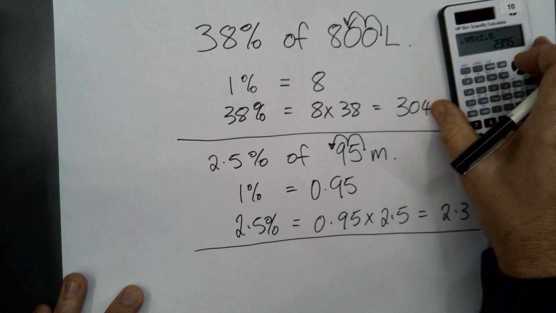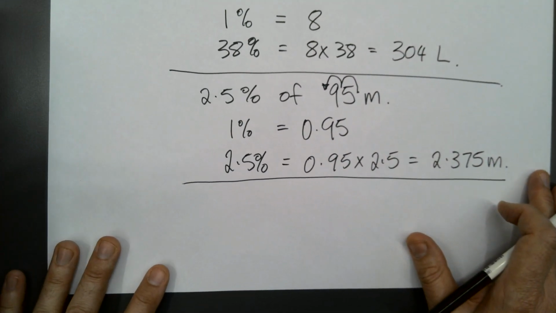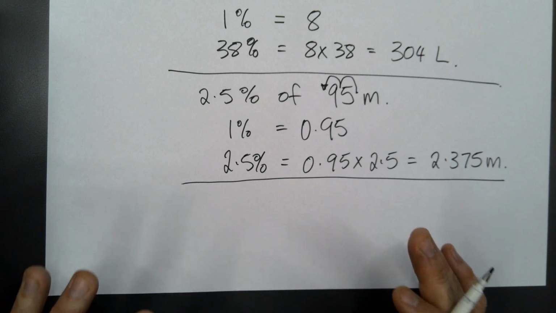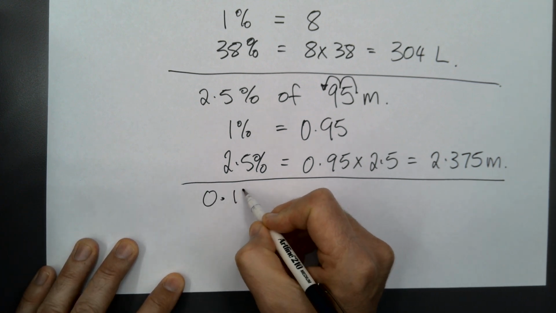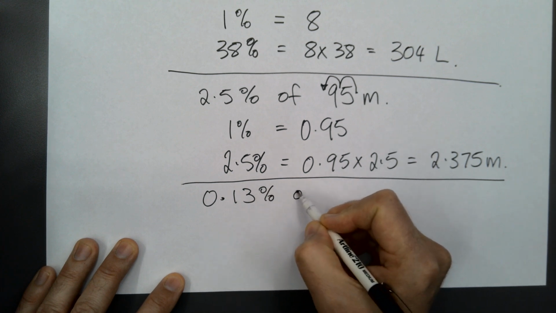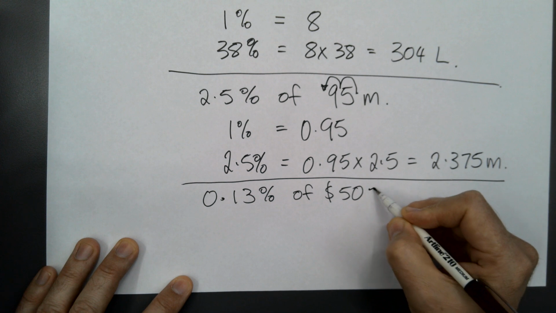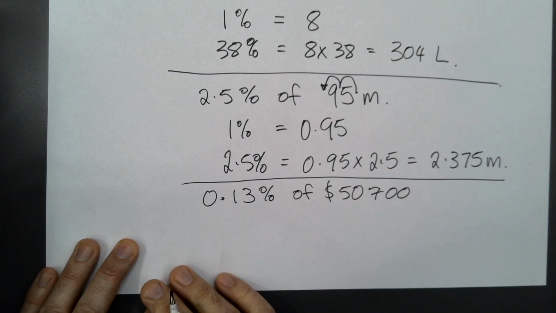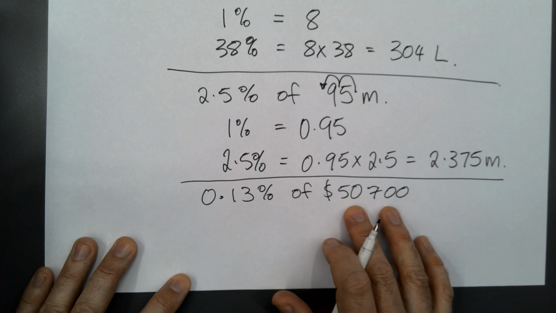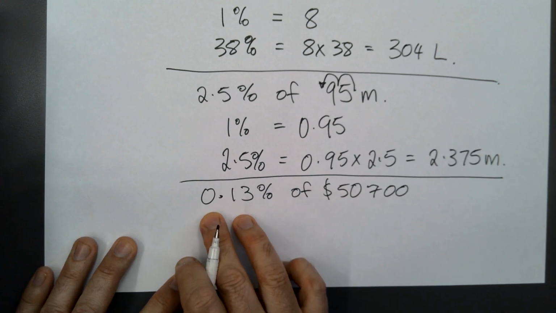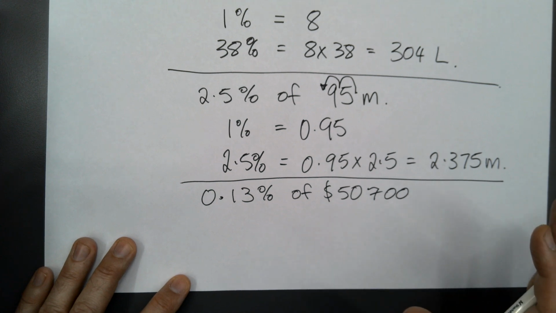What if it's really weird numbers? And this is what some people absolutely freak out about. As soon as the numbers are weird, they panic because it doesn't look the same. Well, what if I've got 0.13% of $50,700? That one number's way bigger than what we've used before. That number's way smaller than what we used before. Don't freak out about different numbers.